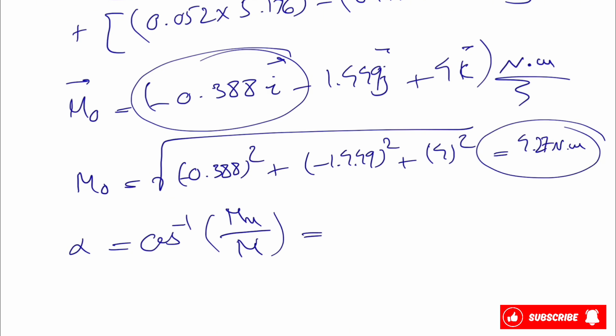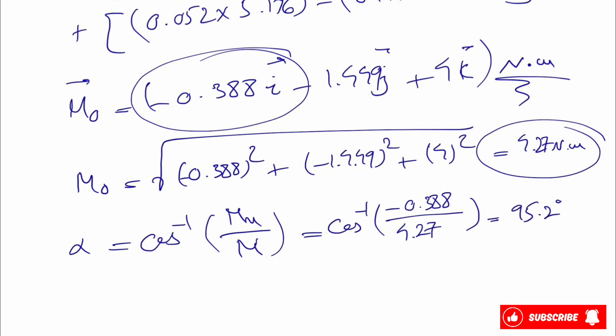So for the angle with the x-axis, we have minus 0.388 divided by 4.27, and if we calculate that, we'll get 95.2 degrees.